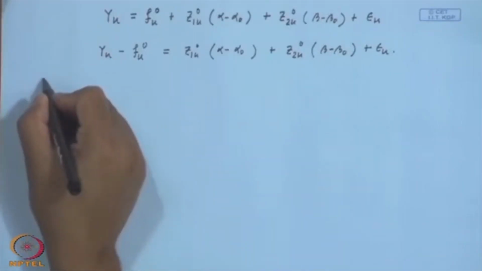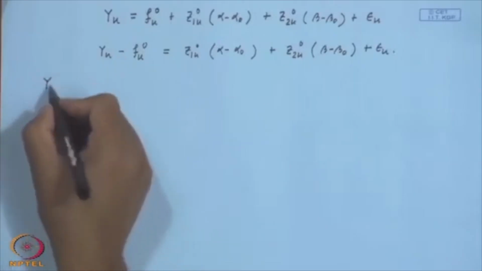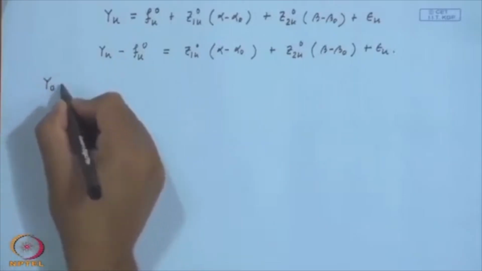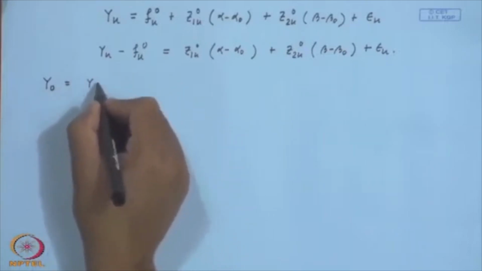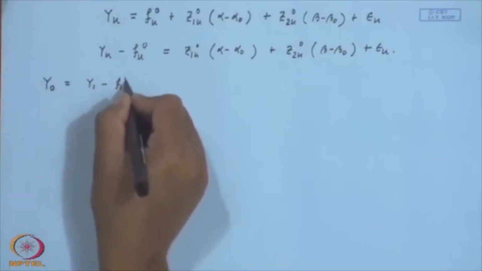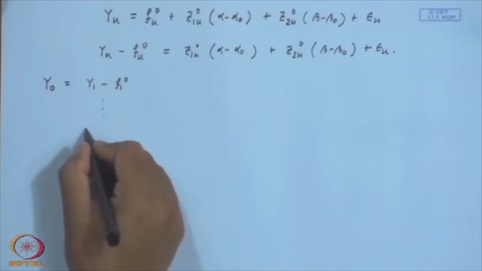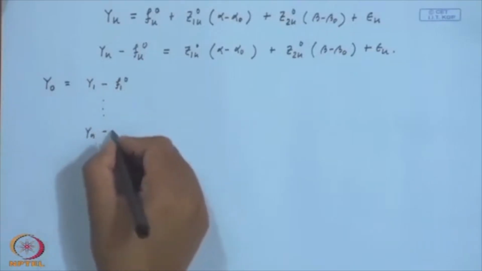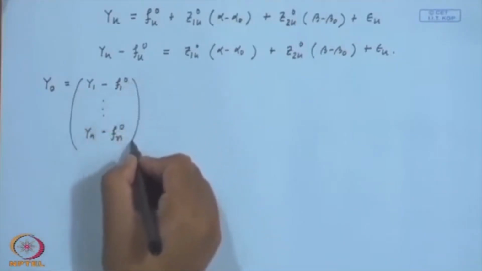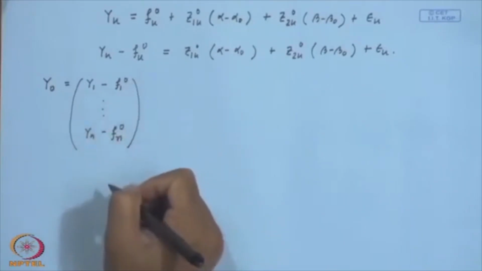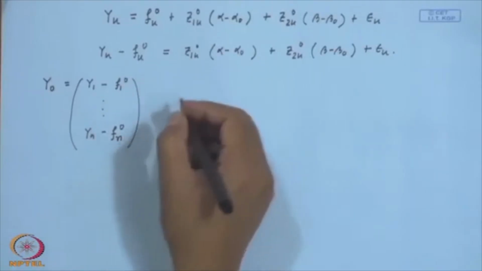So, I will use the notation y naught for the response vector: y1 minus f1 naught, and similarly yn minus fn naught.